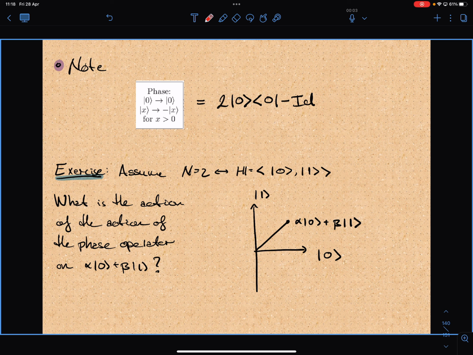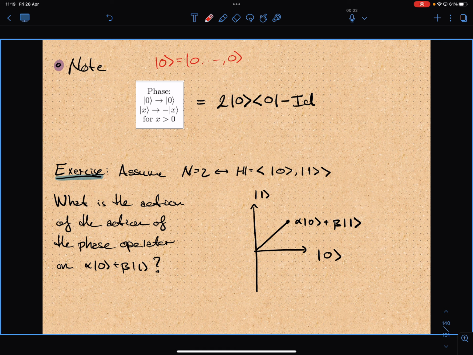Let's get started. We'll start with a simple exercise, and this is from the phase part, changing the phase. For this circuit, the notation is that 0 represents 0 in the binary expansion.